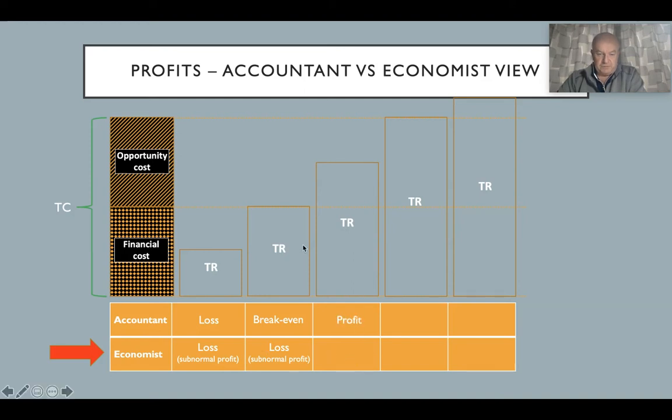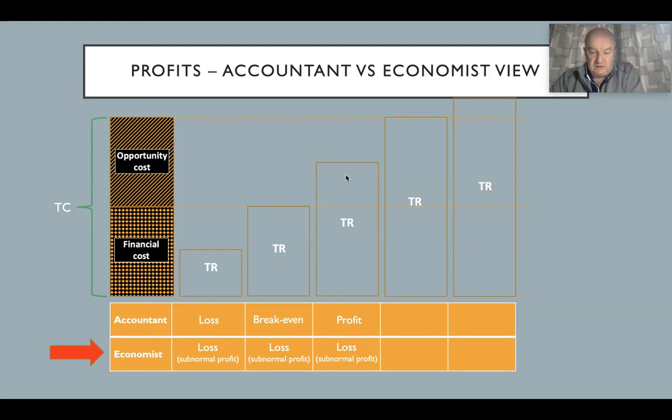In this instance, we've got financial cost again at the same level, but total revenue is significantly higher than just the financial cost. From an accountant's standpoint, that would mean that profit was being achieved. If we take the view of the economist, where financial cost plus opportunity cost is the point at which we make normal profits, we are still in a loss position, and we are making subnormal profits.